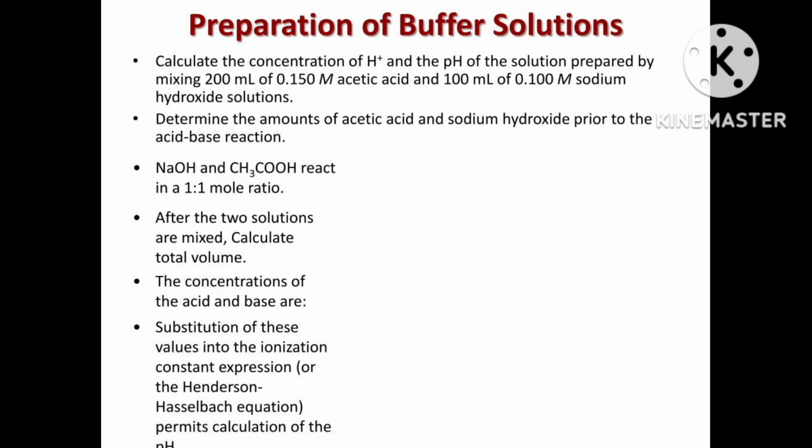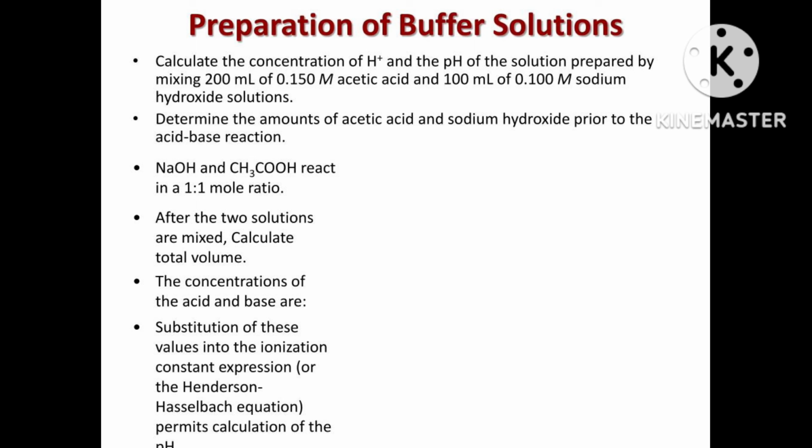Then here you can write the pH. pH is equal to 9.25 plus log, the same things you have to write, molar concentration of conjugate acid divided by conjugate base.